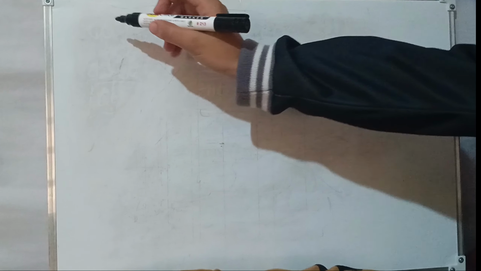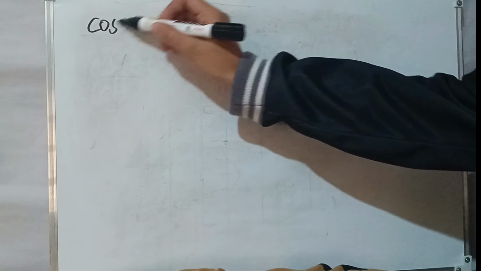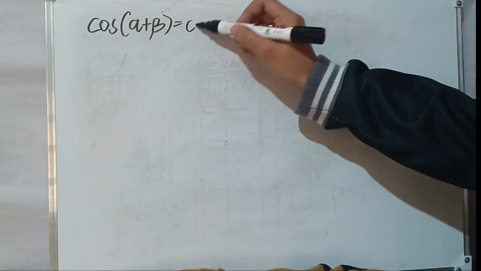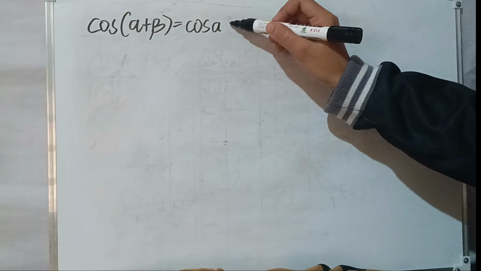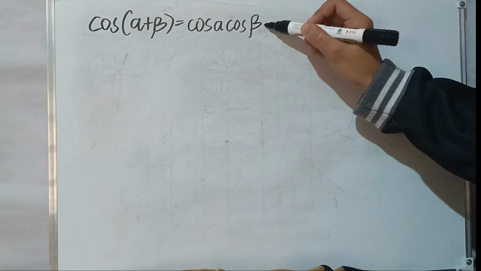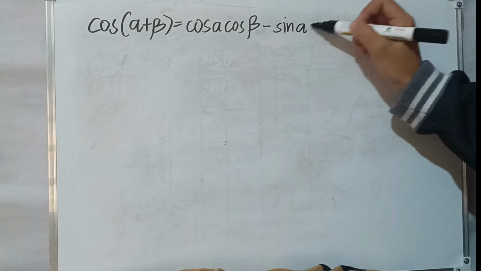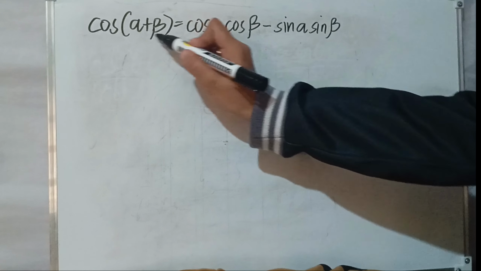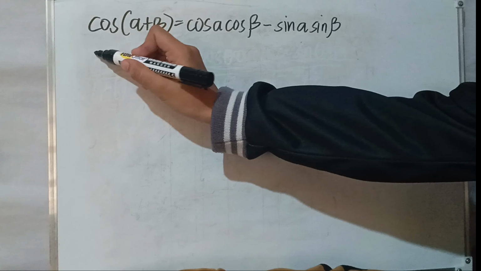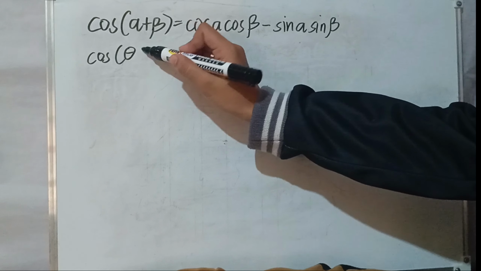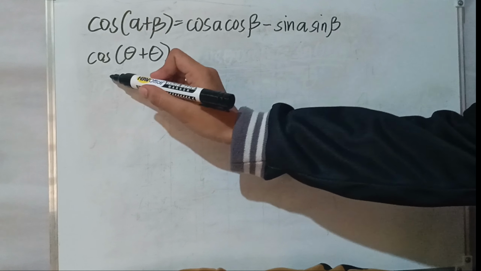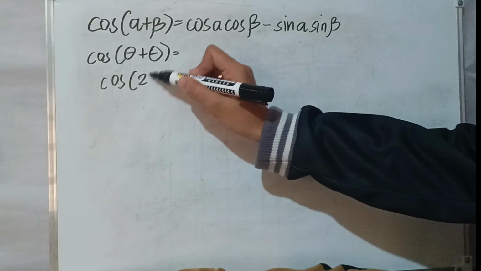The double angle identity formula for cosine is derived in the same manner. Cosine alpha plus beta is equal to cosine alpha times cosine beta minus sine alpha times sine beta. We replace the alpha and beta with theta, so cosine theta plus theta, which is the same as cosine 2 theta.